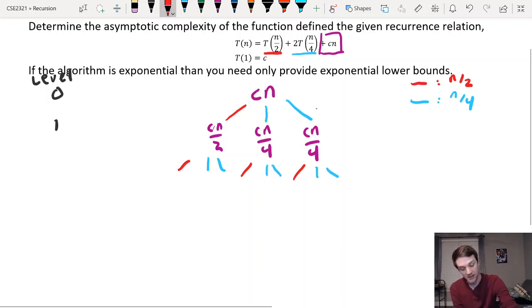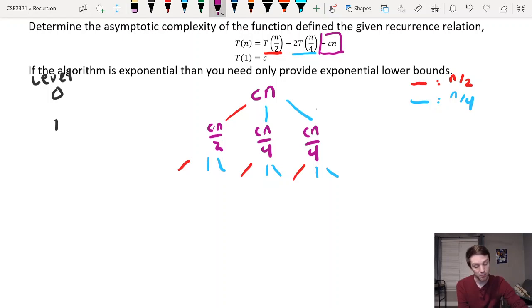So, on the far left here, I have a problem of size n over 2 that I'm cutting in half, so I get a problem of size n over 4, and we plug that into the additional cost, and have Cn over 4. For the blue lines, I have a problem of size n over 2 that I divide by 4, so I have a Cn over 8 there, and a Cn over 8 there.